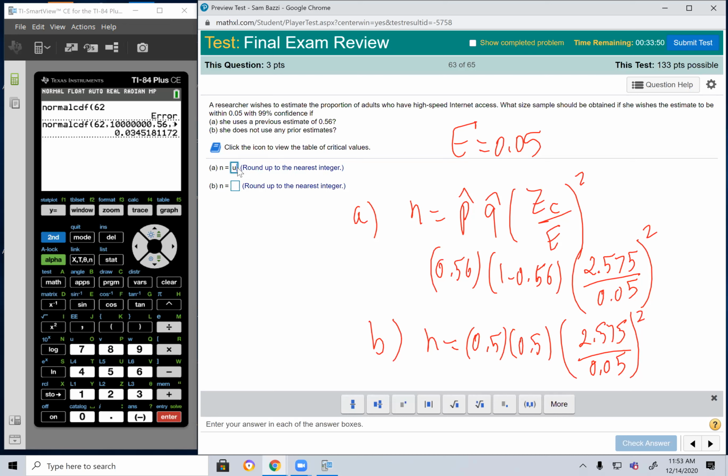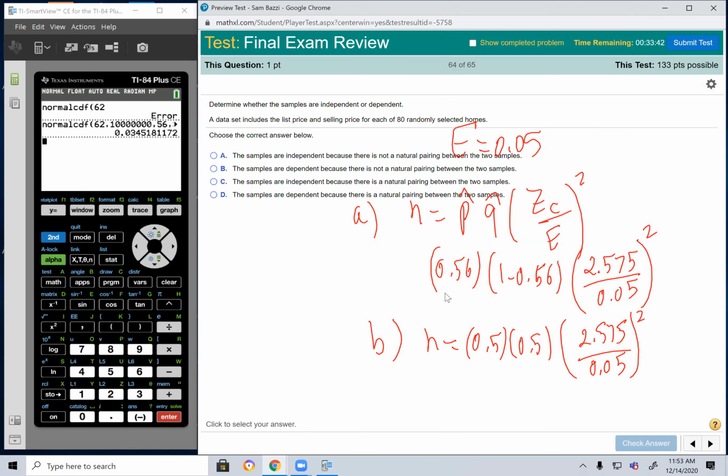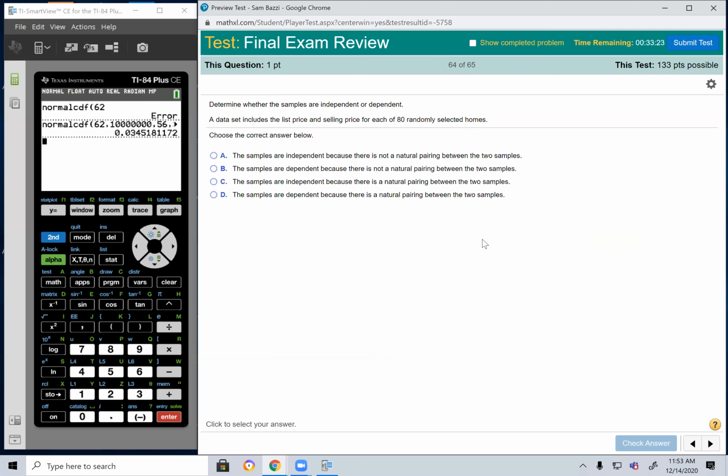Okay. Use formula. Determine whether the samples are dependent or independent. We're almost there, guys. A data set includes the list price and selling price for each of 80 randomly selected homes.